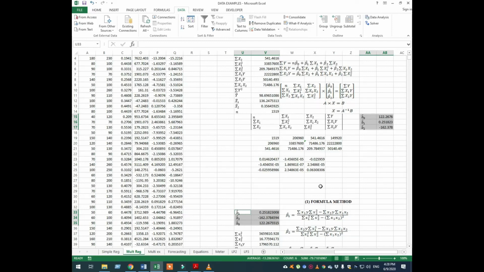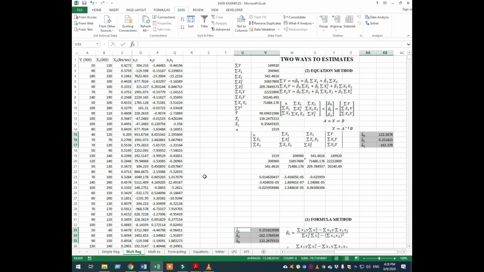So guys, this is the technique to calculate the parameters of ordinary least squares manually from formulas and equations, using Excel as a calculator.